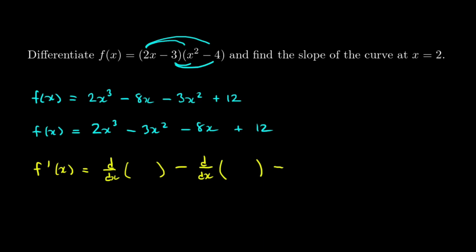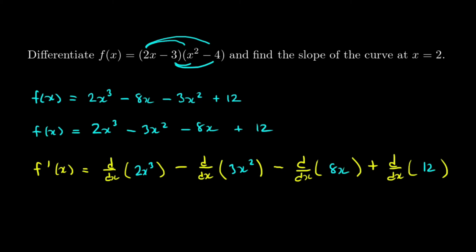Of course I have to differentiate 2x cubed, and then after the subtraction 3x squared, and after another subtraction we'll have to differentiate 8x, and finally after one more addition we'll differentiate the constant 12. So I'll put all those pieces in. So 2x cubed, and then 3x squared, and then 8x, and then 12.